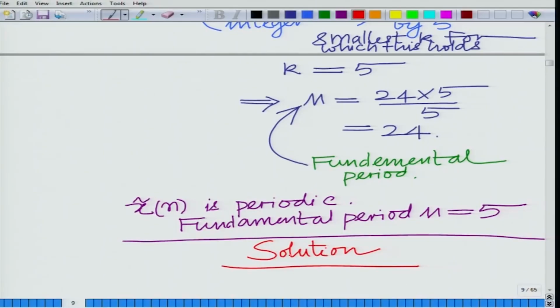So, x tilde n is periodic and the fundamental period is m equal to 24. The resulting discrete time signal x tilde n is periodic and the fundamental period is 24.